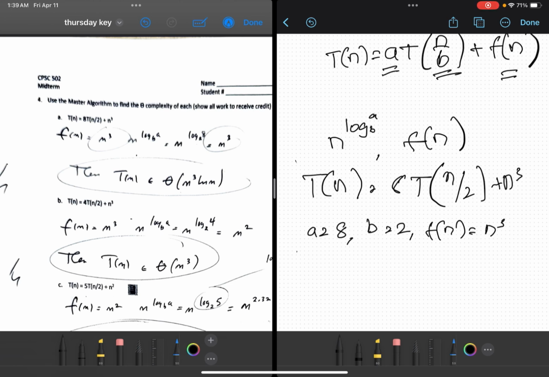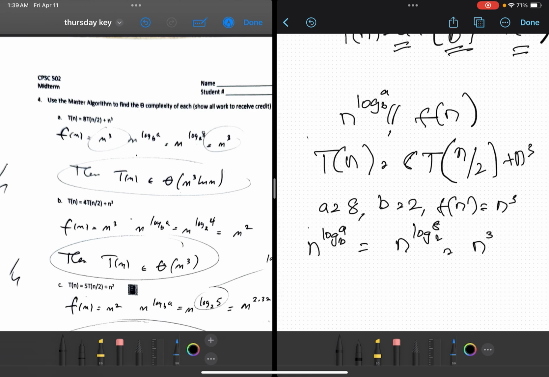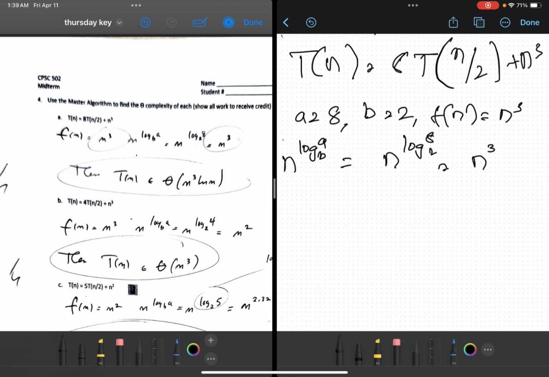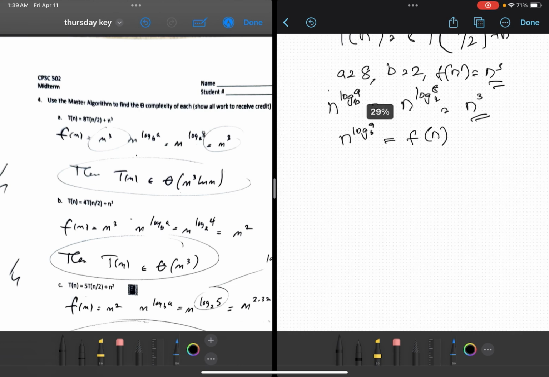Let's substitute and first find n power log a to the base b. That is n to the power log 8 to the base 2, which is n cube. So we can observe that n to the power log a to the base b is equal to f of n, because both of them are n cube.